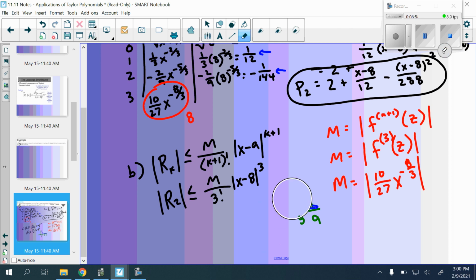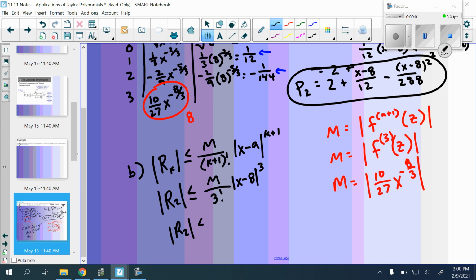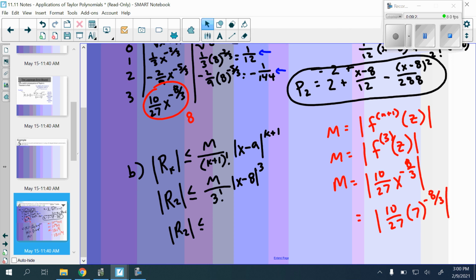So the value that we'd want to plug in here to see what the largest it could be would be 7. So our f2 here is going to be what this is at 7, which we can approximate using a calculator.